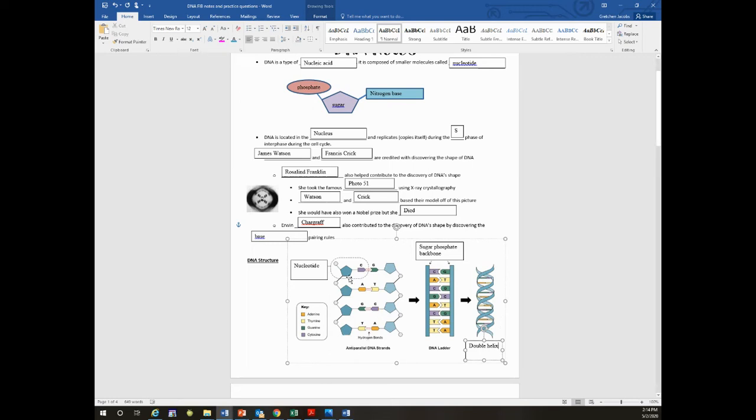Also, these are anti-parallel. If you notice, all of these pentagons are kind of right side up, how you'd expect to see a pentagon, and then all of these are upside down. We call that anti-parallel. They're both made of nucleotides, but these are right side up and these are upside down, and they're just going in opposite directions. Think about how, if you're driving on a road, you can have a two-lane road.